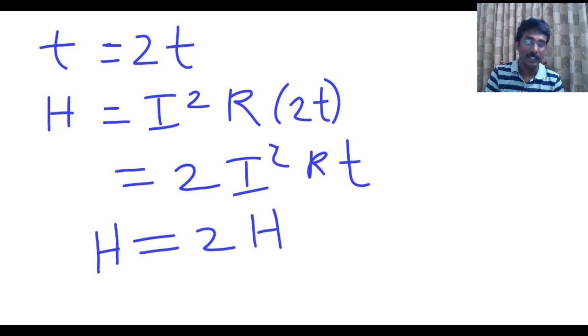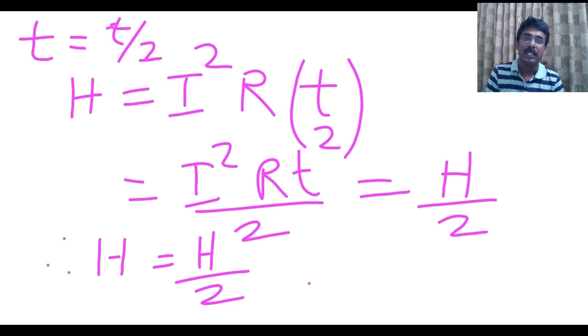Then if the time of flow of current doubles, what happens? H equals I square RT, that is I square R 2T, because T doubles. So H equals 2I square RT. I square RT is again H. So we can say that H became 2H. That means H doubled.